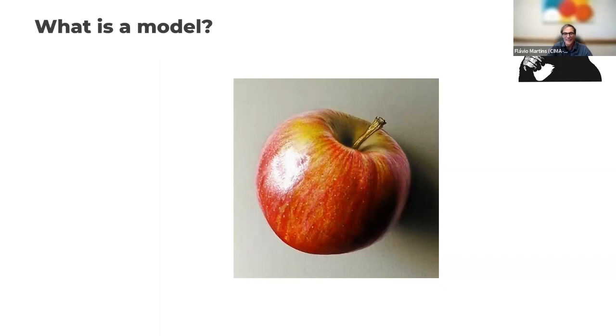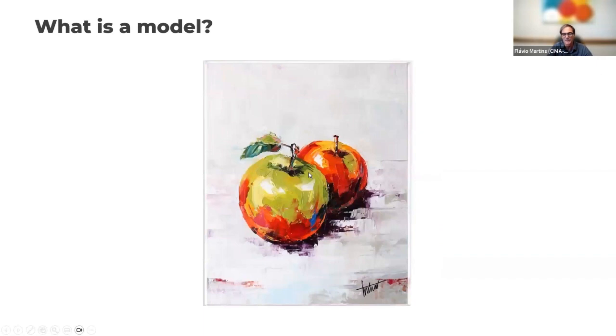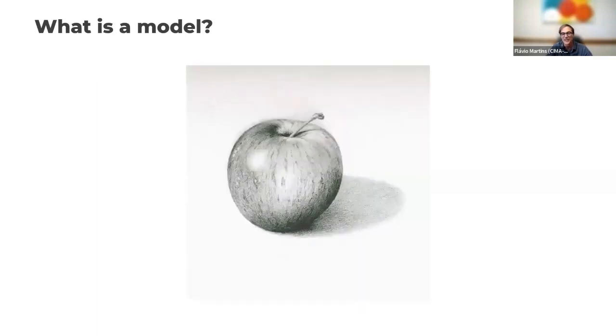And this, what do you see here? Is another very good drawing of an apple, I guess. So some of you prefer the first one, some of you prefer this one. This one is quite different, but even though we managed to understand it's an apple, right? And this one is also a good drawing of an apple.